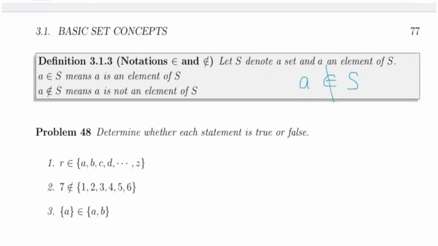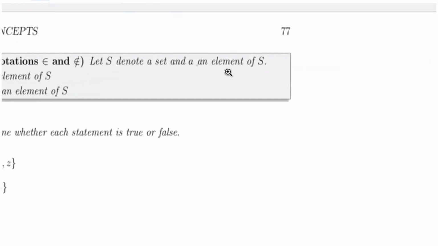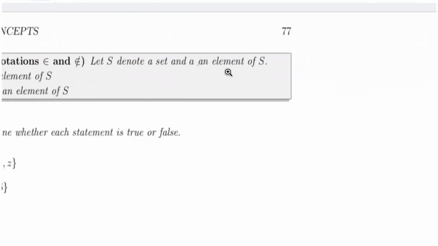All right, let's have a couple of examples before we do problem 48. Suppose I have a set A, B, C. Is A an element of the set? Another way to say it: you look at the box with the elements A, B, C, the members of the set.